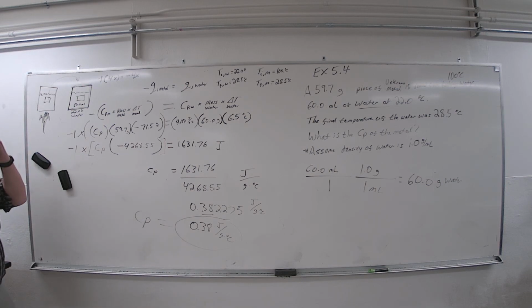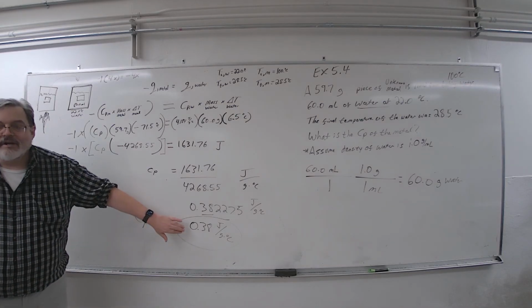Yay, 0.38, that's what they have. Burn. Copper is 0.385. Close to the value for copper. All right. So if this were a lab, you'd guess copper.